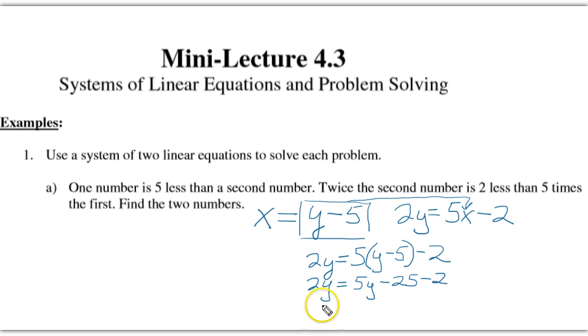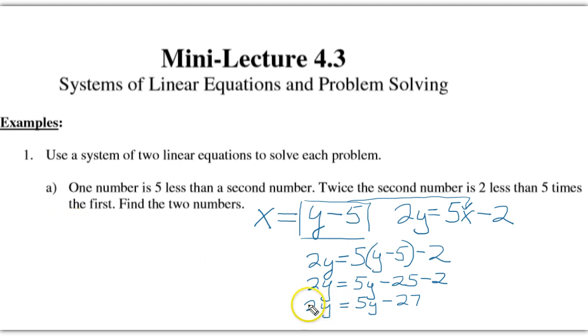We're going to group like terms, so we get 2y equals 5y, and this is minus 27. Now I'm running out of room here, so I'll put it over here.